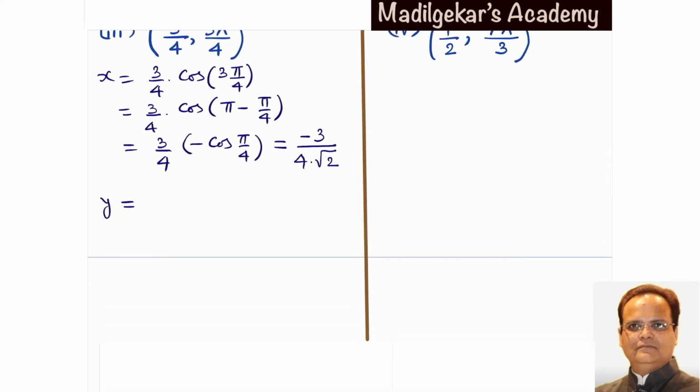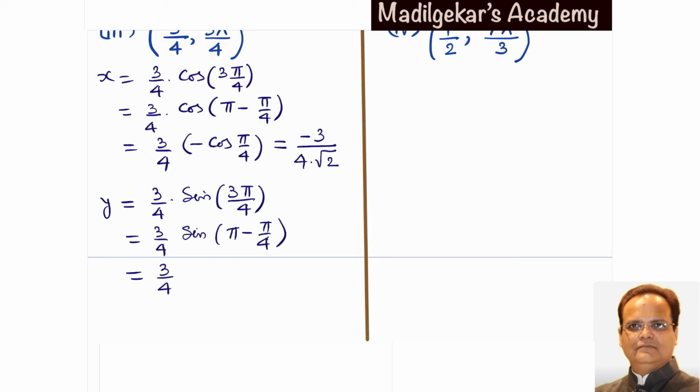Now y, it is r sin theta. Again we can write sin 3 pi by 4 as pi minus pi by 4. But sine pi minus theta is, yes, it is sine theta, means sine pi by 4.